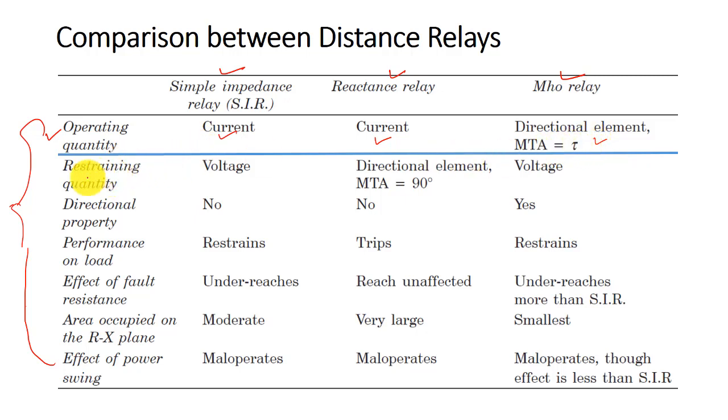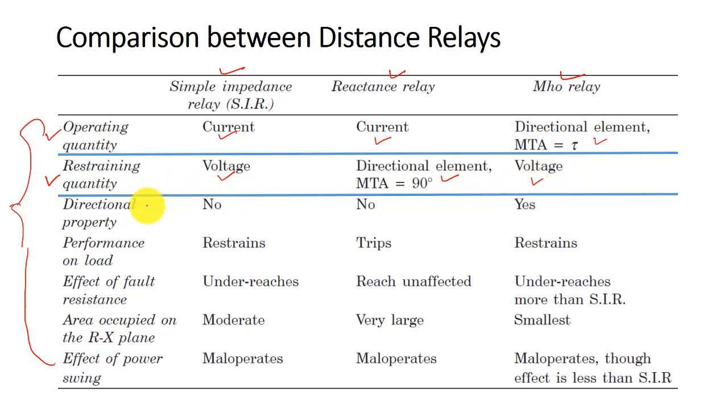Similarly, if we consider the restraining quantity, for simple impedance relay, your voltage is your restraining quantity, and for reactance relay, your directional element with MTA equal to 90° is your restraining quantity, and in case of Mho relay, your voltage is your restraining quantity.